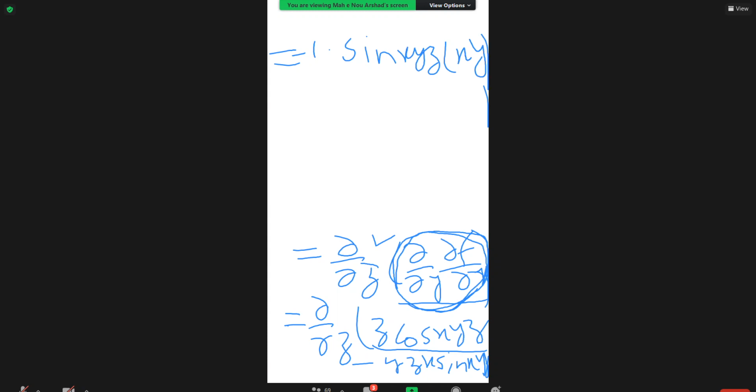Now y will be treated as a constant and x will also be treated as a constant. So I am taking y and x separately using constant times the function. The derivative of z is equal to 1.